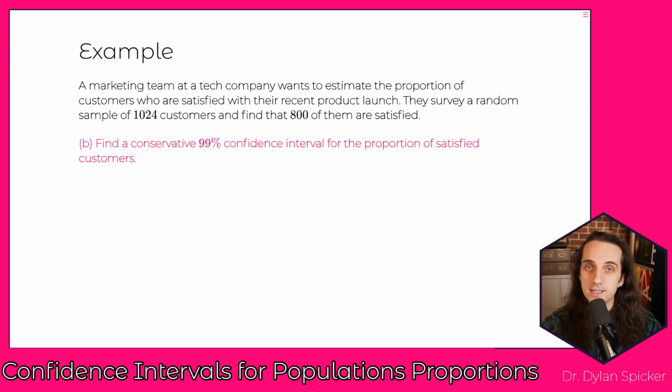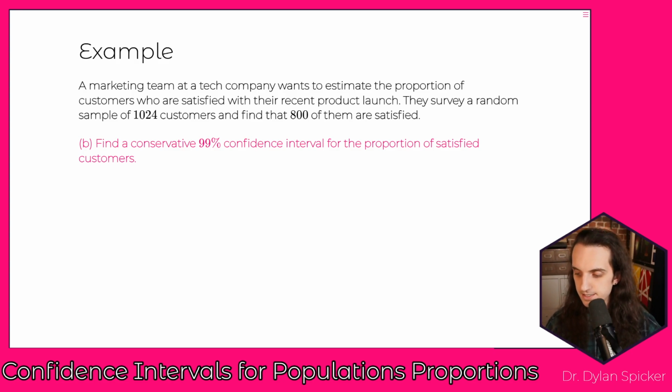Now, as a follow-on to this, the company maybe did not feel particularly confident that the 800 out of 1024 is a good representation of the truth. And if this is the case, they might want to be more conservative in their 99% confidence interval. So here they want to find a 99% confidence interval, except they want to be as conservative as possible.